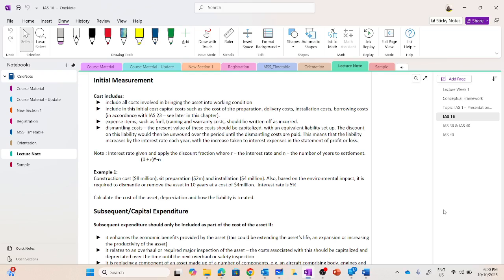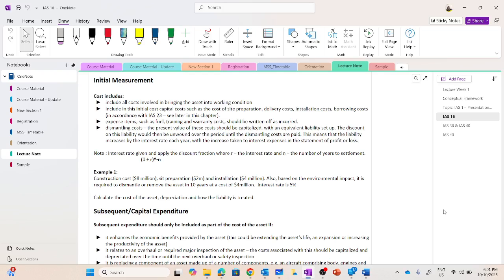So now in 10 years' time, we are going to spend, for example, 4,000 leones, or $4 million, to ensure we dismantle this particular machinery. So now we have an obligation to pay 4 million in 10 years' time.